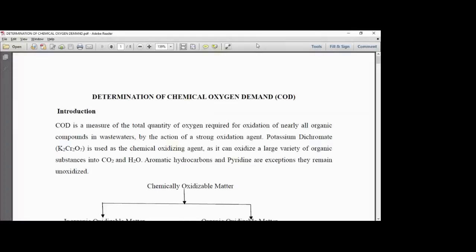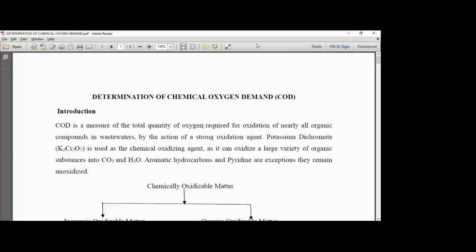Sample B has a BOD of 100 mg per liter, which means it requires only 100 mg per liter of oxygen for the oxidation of all the organic matter in it. So the higher the BOD value, the higher the pollution strength, and the lower the BOD value, the lower the pollution in that sample, right?